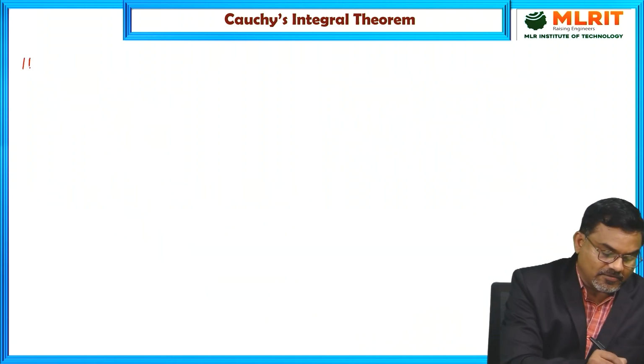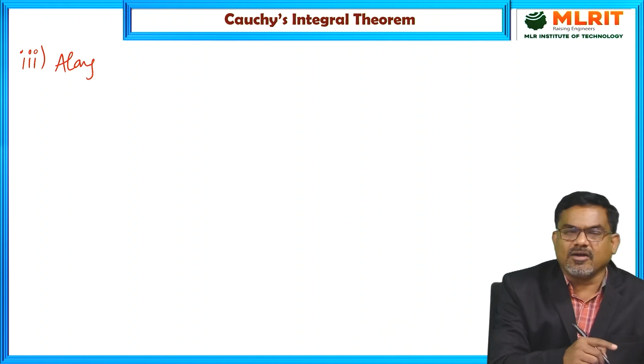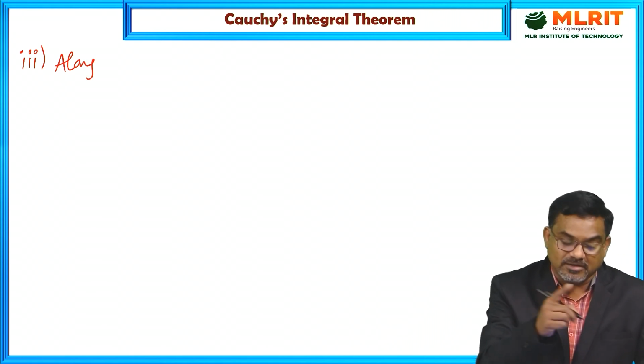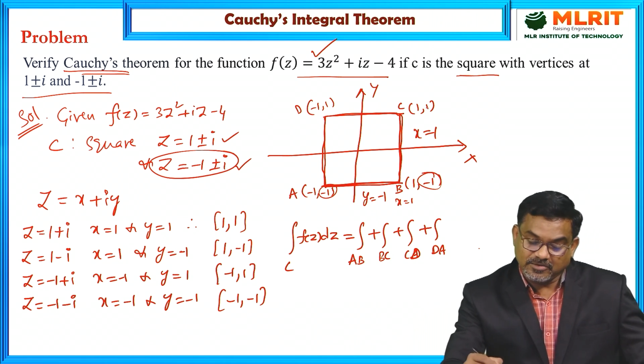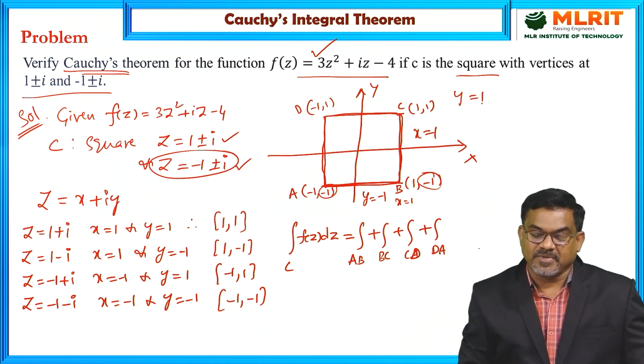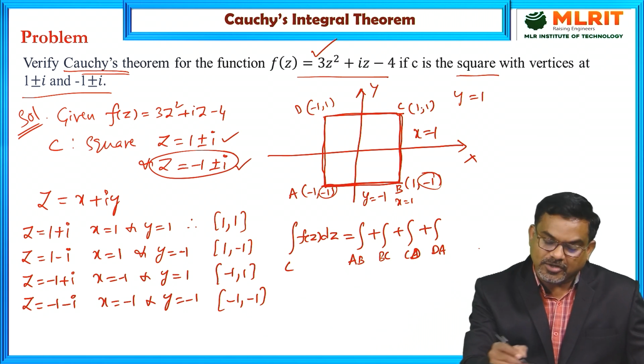Similarly, the third one. Along AB is over, BC is over, now along CD. Along CD, here you see the value of y is fixed, y equal to 1, and x changes from 1 to minus 1.